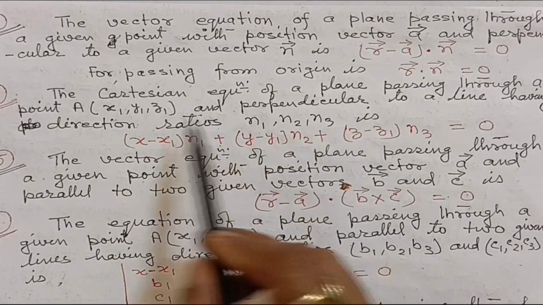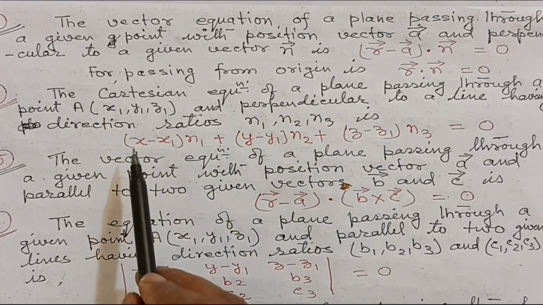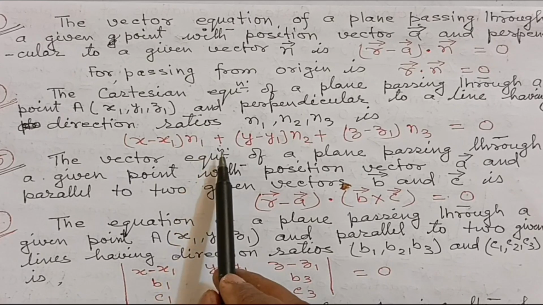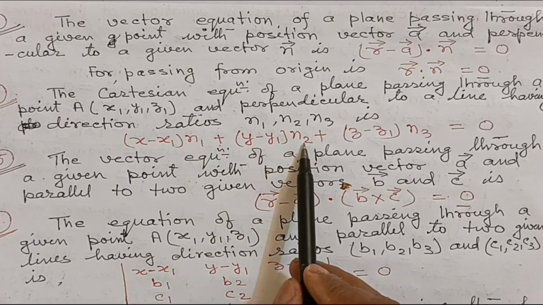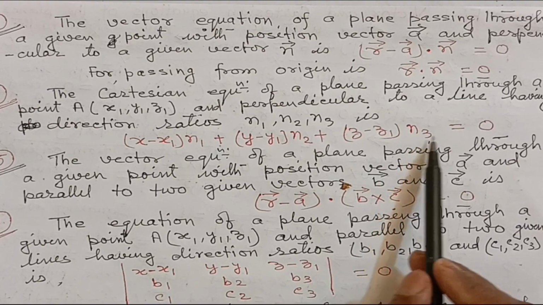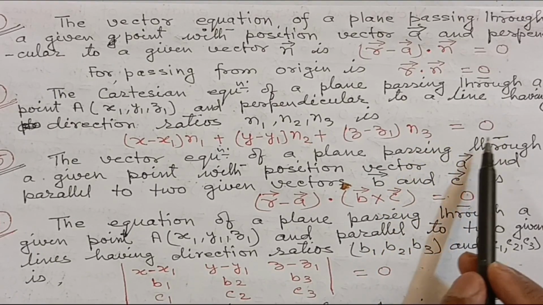Then the Cartesian equation of that plane is (x minus x1) into n1 plus (y minus y1) into n2 plus (z minus z1) into n3 is equal to 0.